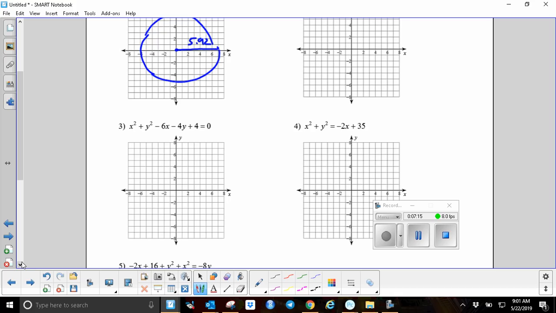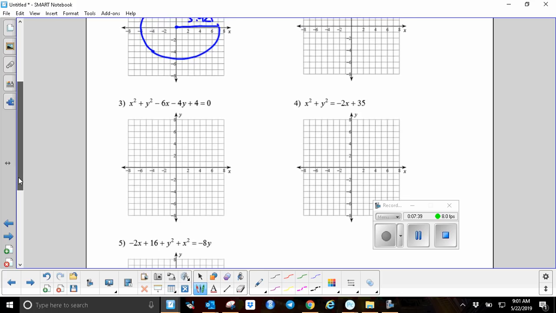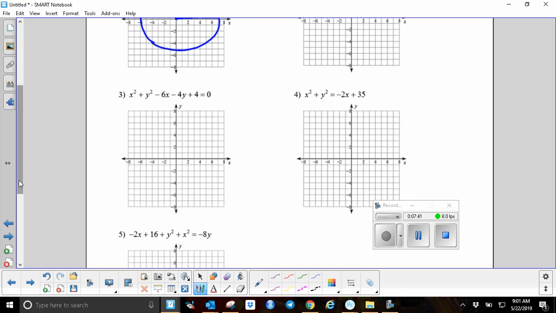Okay, there's a different type. Number 3. Look at 3. So we need to change the format of it. You need to make it a full square. Right here, and I'm going to create more space for myself.